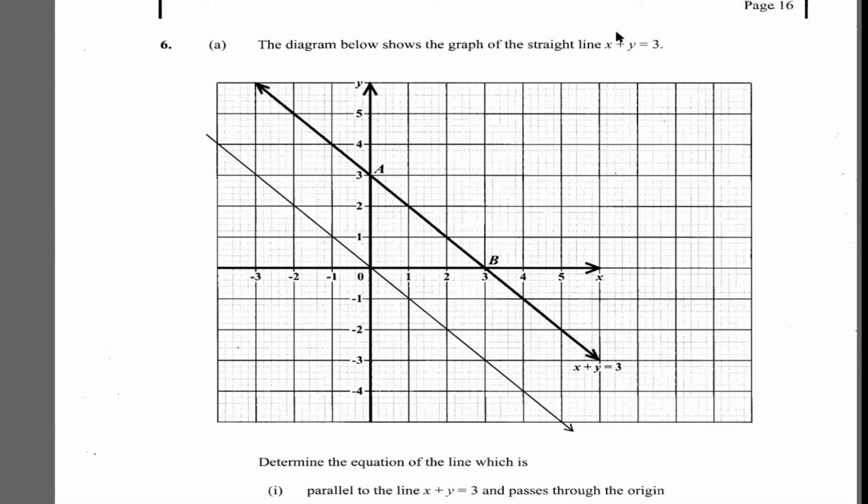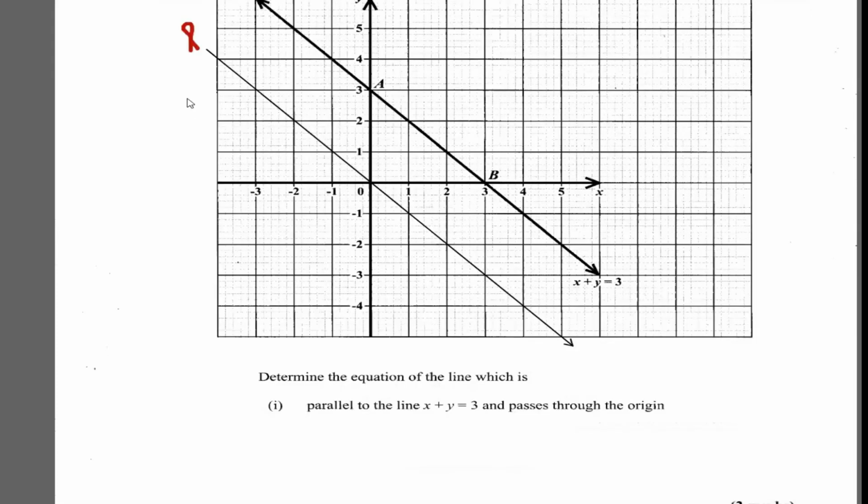If the lines are parallel, they have the same gradient. So we're going to find the equation of this line. Let's call this line L, the parallel line L. Now, if you were to put this in standard form, this line is really y equal to 3 minus x, or some would say y is equal to minus x plus 3.